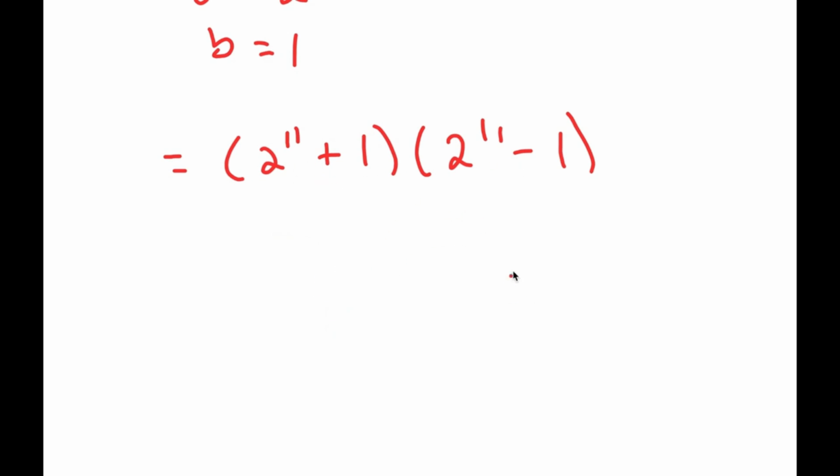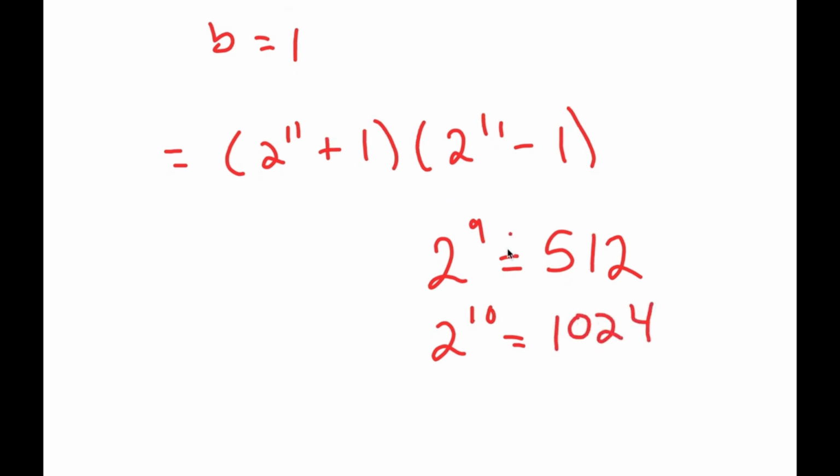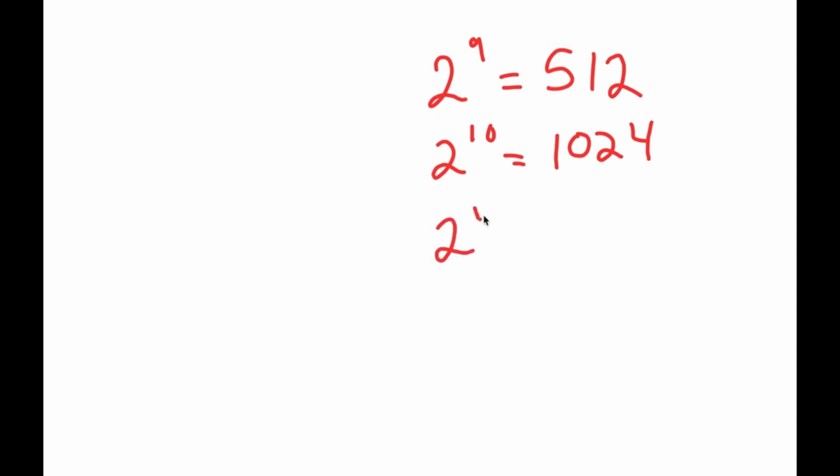Now, what is 2^11? Well, 2^9 is 512. 2^10 is going to be double of 2^9, which is double of 512, which is 1024. So 2^11 is double of 1024, which is 2048.